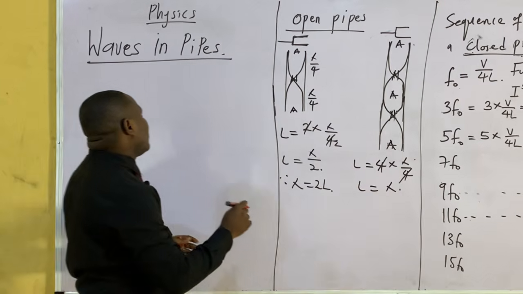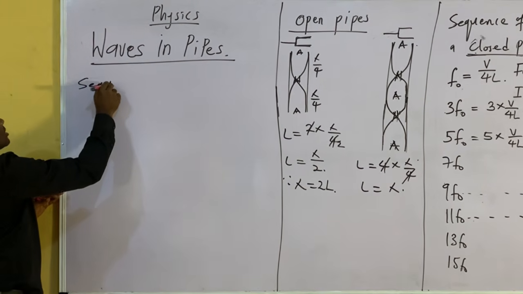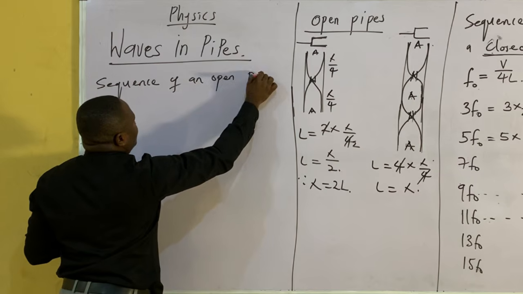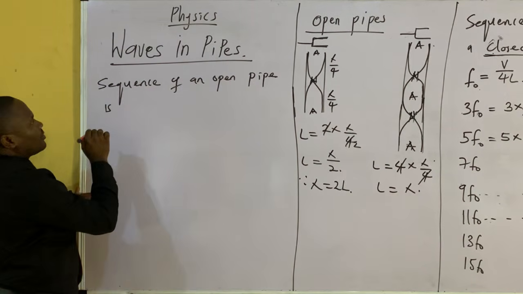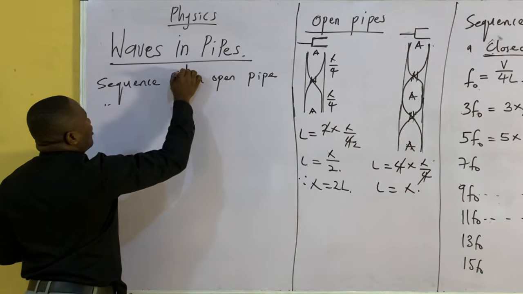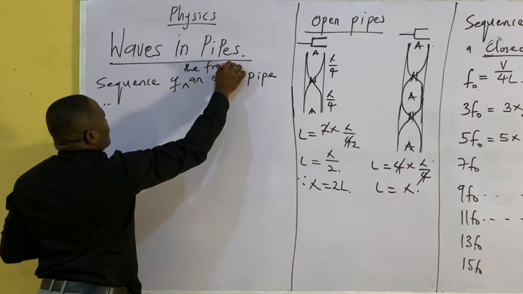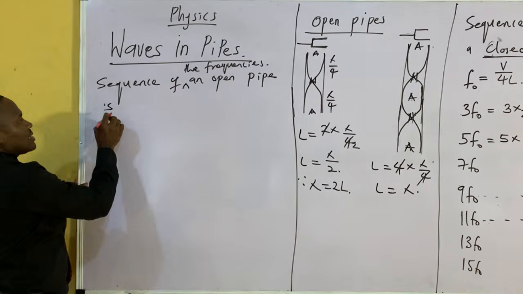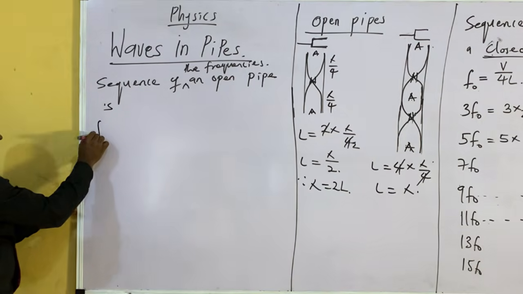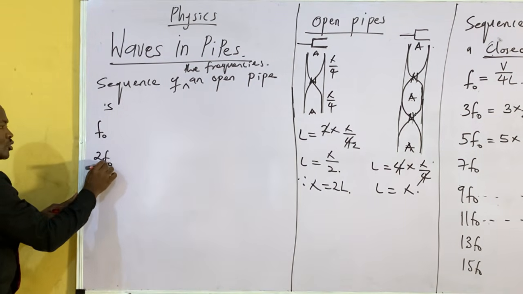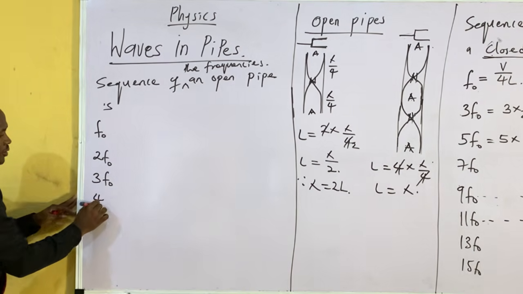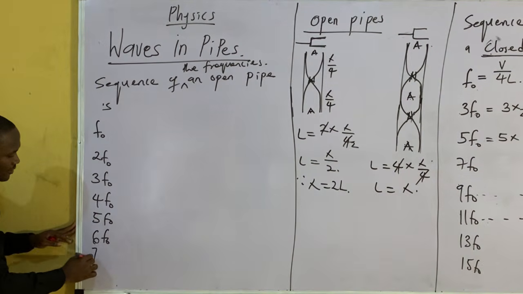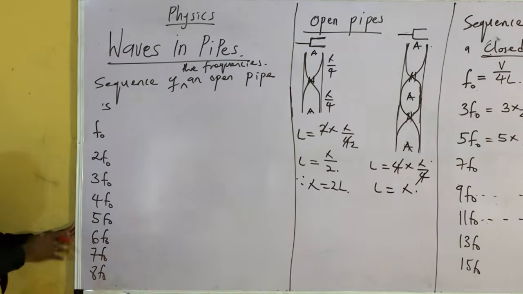Why? Because I could help you further by letting you know the sequence of frequencies of an open pipe is given as, I will list it out here, F naught, 2F naught, 3F naught, 4F naught, 5F naught, 6F naught, 7F naught, 8F naught, and so on.